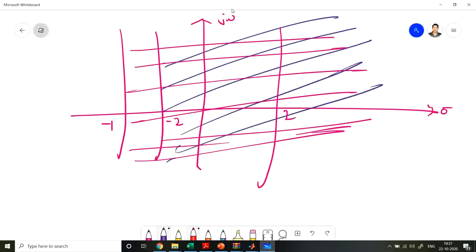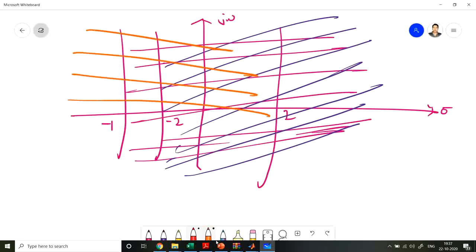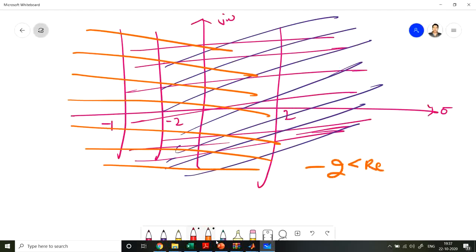And next is real part of s less than 2. So this is less than 2. So which one is the common part? So the ROC should be between real part of s equals -2 and 2. So the ROC should be between these two.